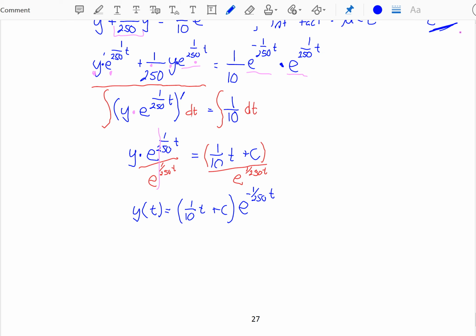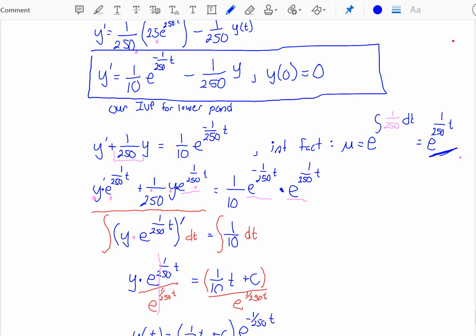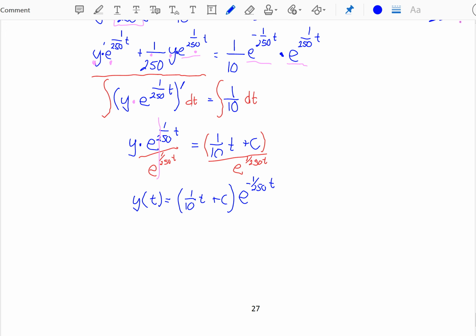This, of course, is our general solution, but we want to find the solution to the IVP. So remember, with this IVP, at time 0, there was no chemical in the second pond. So y of 0 has to be 0. So y of 0 is going to be 1/10 times 0 plus c times e to the 0.